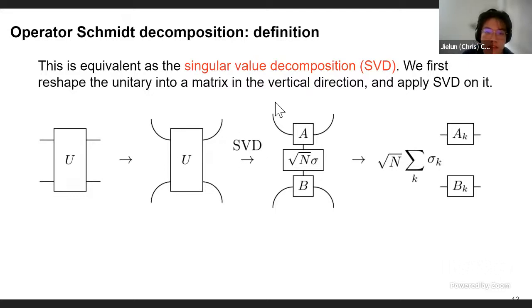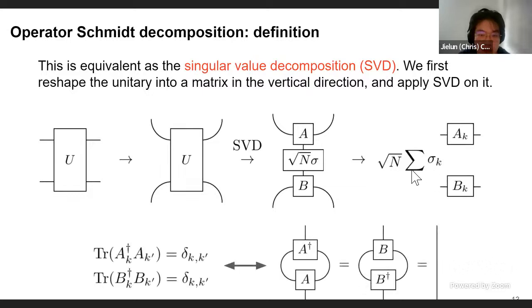Then we apply the singular value decomposition to this matrix, which we break into three parts. This is essentially a sum of products of two operators acting on the two subsystems. The orthogonal property of these operators A and B I mentioned is due to the fact that the singular value decomposition gives isometry matrices for A and B.